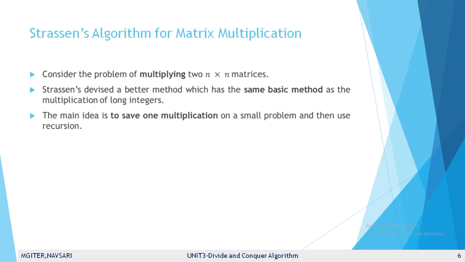Now we use Strassen's multiplication. Strassen devised a better method which reduces the time complexity for n cross n matrices. It saves one multiplication of the small problem and then uses recursion.